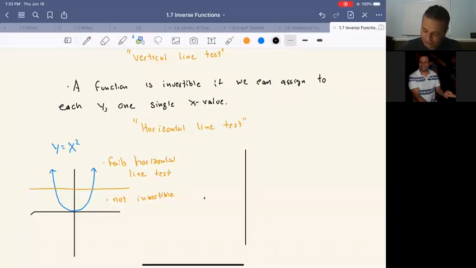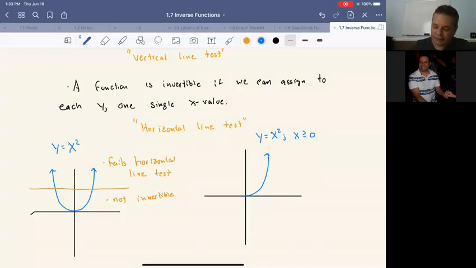Let me draw another coordinate axes. And I'm gonna write y equals x squared. But now I'm going to restrict my x values to be greater than or equal to 0. So now, if I draw the graph, this does pass the horizontal line test.